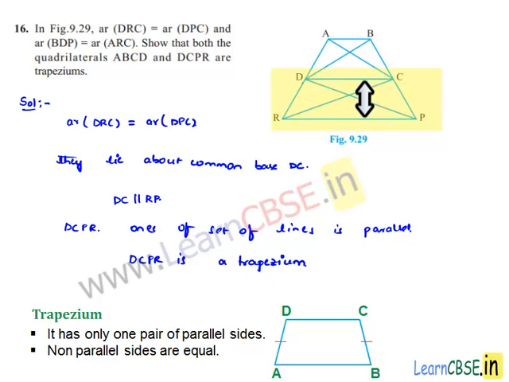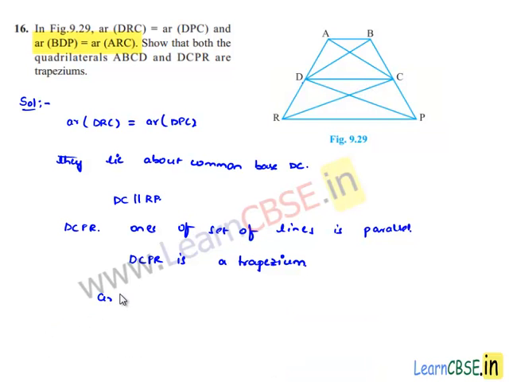Now, let us consider the second condition given, that is area of BDP is equal to area of ARC.